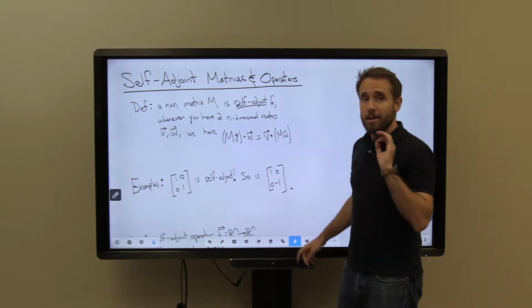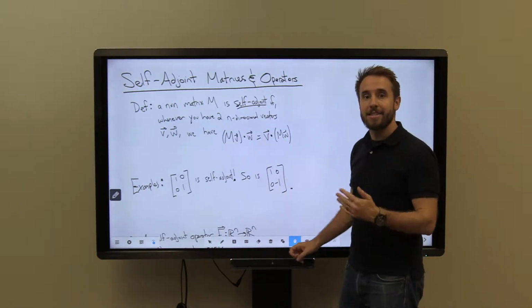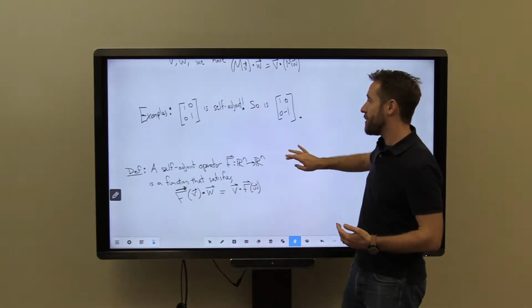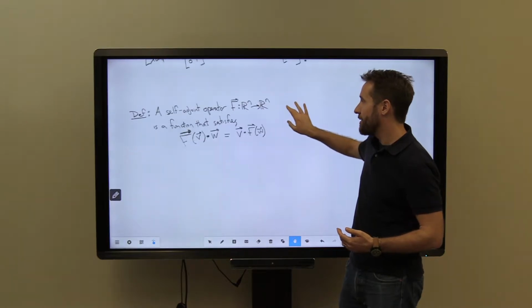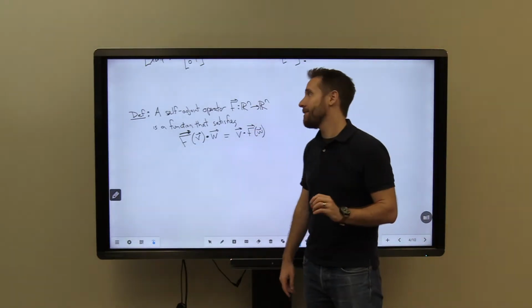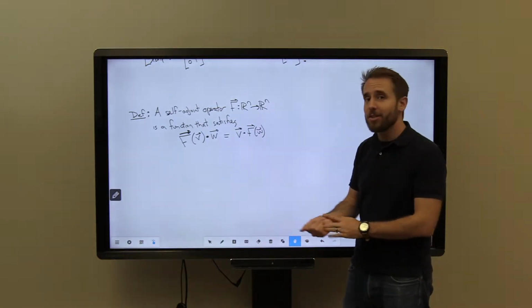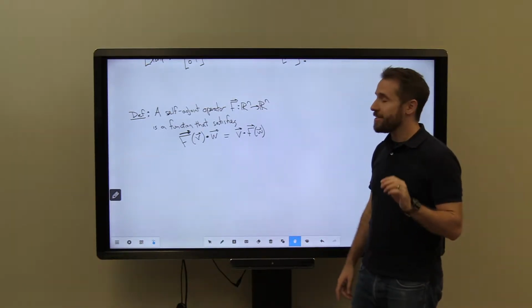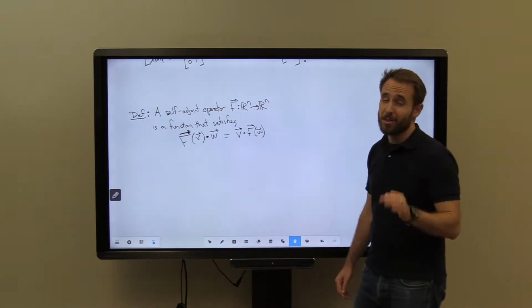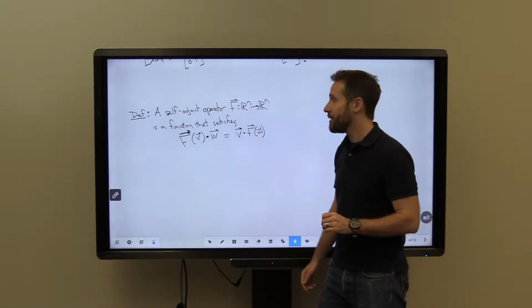All right, now, this idea extends to the realm of functions or operators as well. So a self-adjoint operator is going to be a function from Rn to Rn, and this function is self-adjoint if it satisfies the following function equality. And you'll see this looks very similar to the matrix equality.